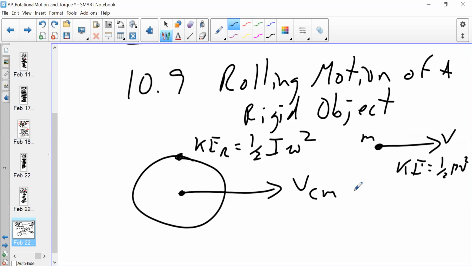And the center of mass is given by 1/2 mv squared. So for an object rolling forward, there are two types of kinetic energy: the linear kinetic energy, our standard 1/2 mv squared, and the rotational, because it's spinning about an axis. And that's basically it for the kinetic energy terms.